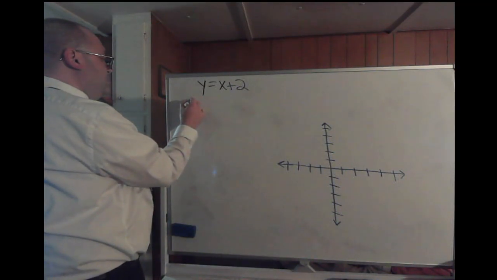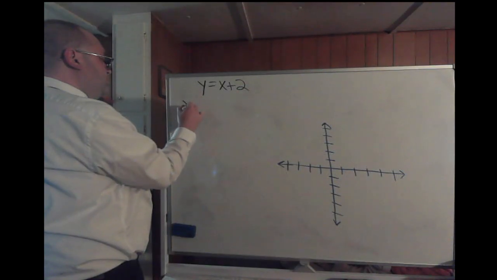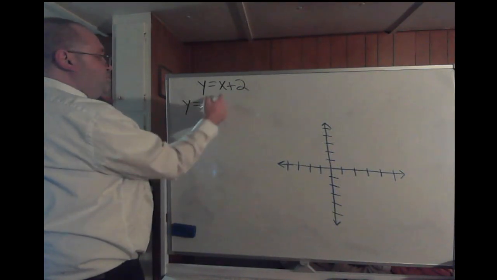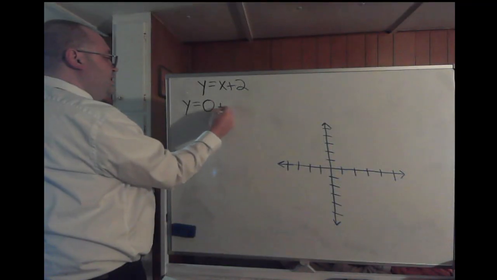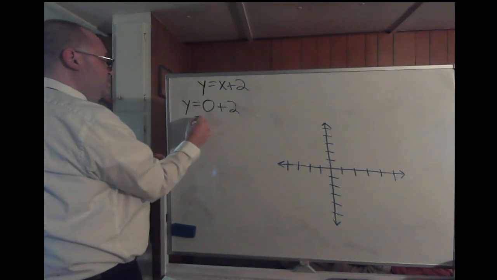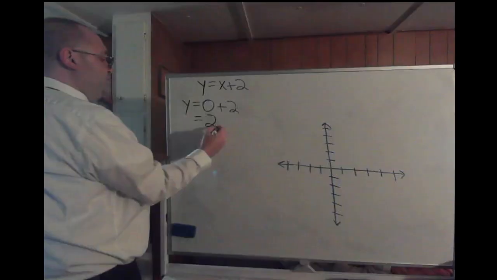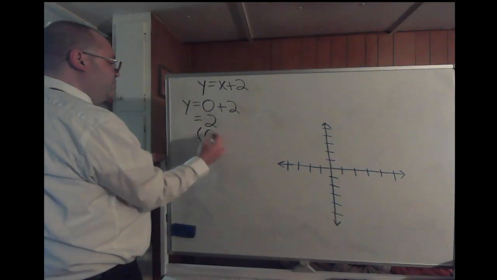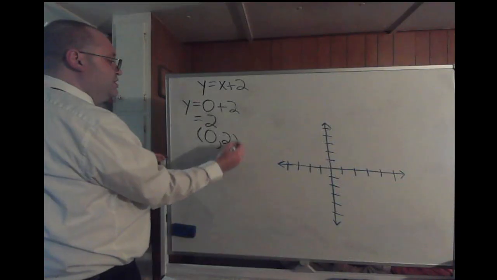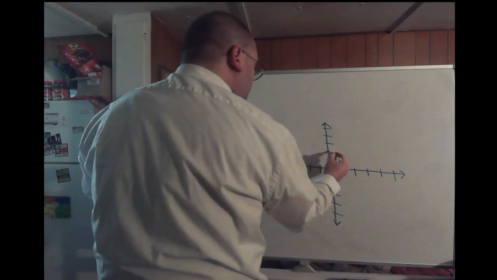Let's see. We'll put 0 in for x. Y equals 0 plus 2, which happens to mean y equals 2. So therefore you'll get the point x being 0, y equaling 2. You'll get the point 0, 2. Okay.